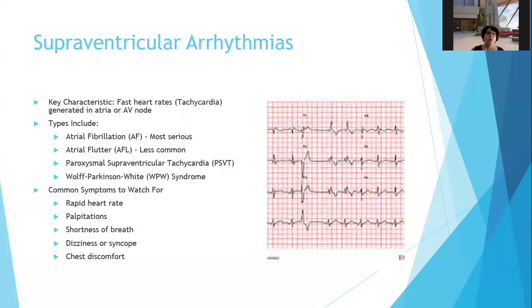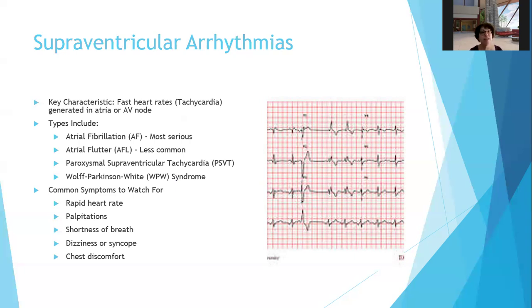So supraventricular arrhythmias. I mean, it's above the ventricles, so it means it's in the atria. I just call them that. They cause fast heart rates or tachycardia, and they're generated in the atria or the atrioventricular node.